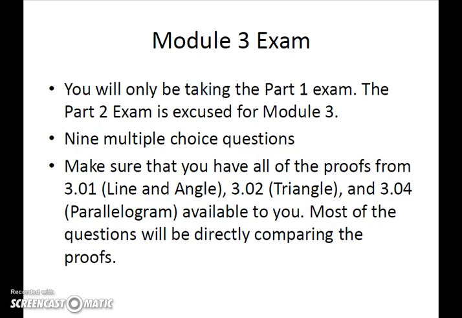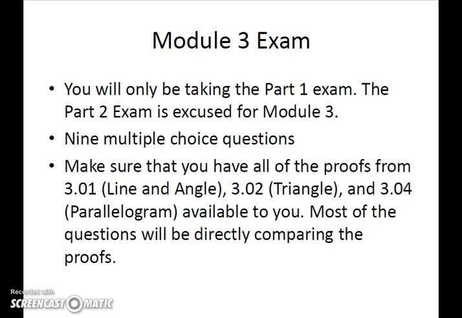The third bullet point, I want you to all make sure that you understand this and that you do this before you try to take the exam. Make sure you have all the proofs from 3.01, which are line and angle proofs, 3.02, which are triangle proofs, and 3.04, which are parallelogram proofs, available to you, which means you write them down, or you go through the Brain Honey lesson, take screenshots, put them into a document, or just know where they're located.